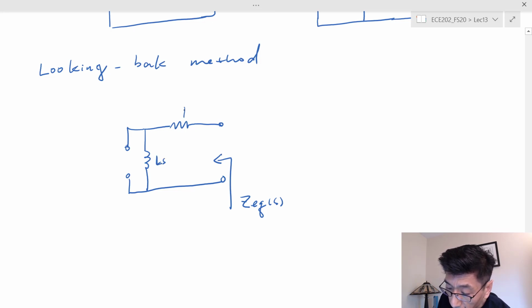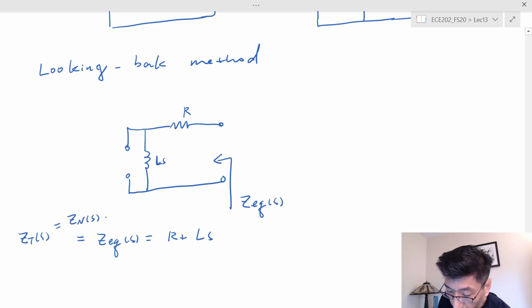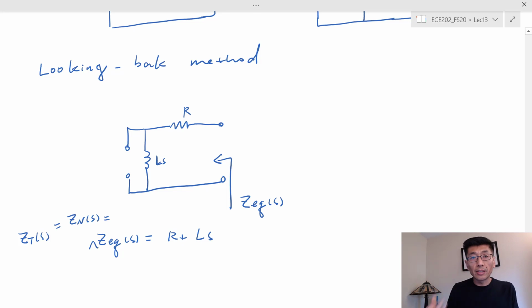Z_EQ(s) is just equal to R plus L_S. Very simple, right? So this Z_EQ(s) is going to be equal to Z_T and also equal to Z_N(s). Right? So this is how we find the Thevenin and Norton equivalent impedance using the looking back method.